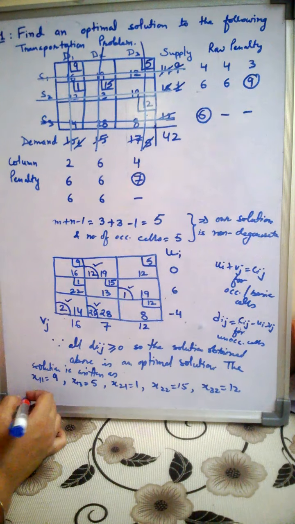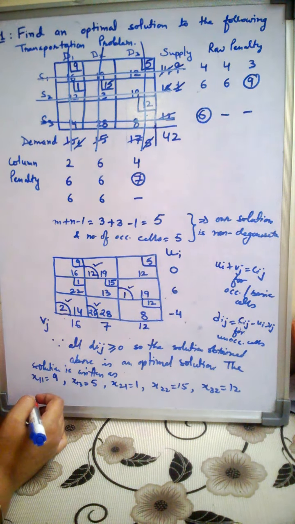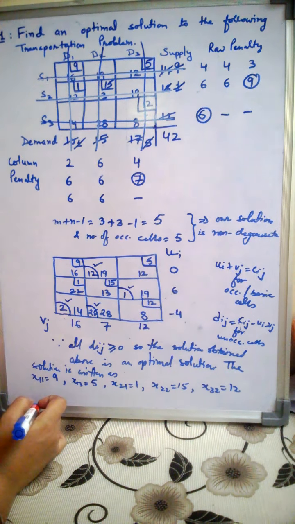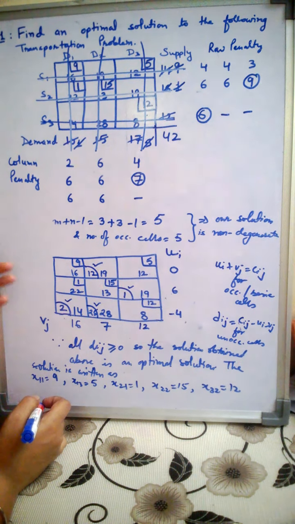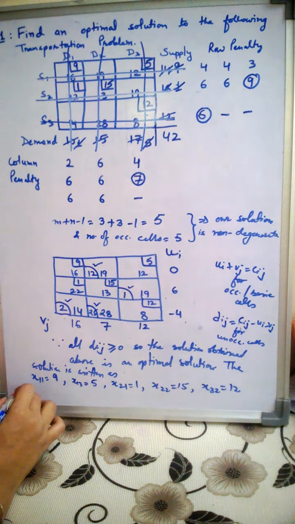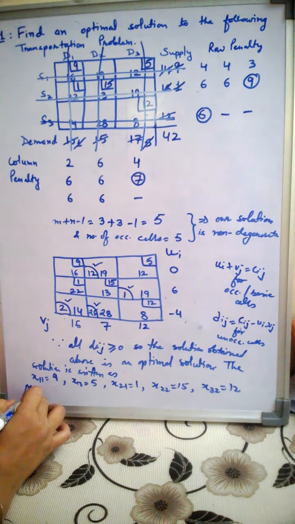And also we write down the cost corresponding to that. Now we'll not write down the total transportation cost, we'll write down the minimum transportation cost. As we have seen that this solution is the optimal solution, that means this is the best solution. So that means the cost that will be obtained by using this solution is the minimum cost. We cannot reduce this cost further.